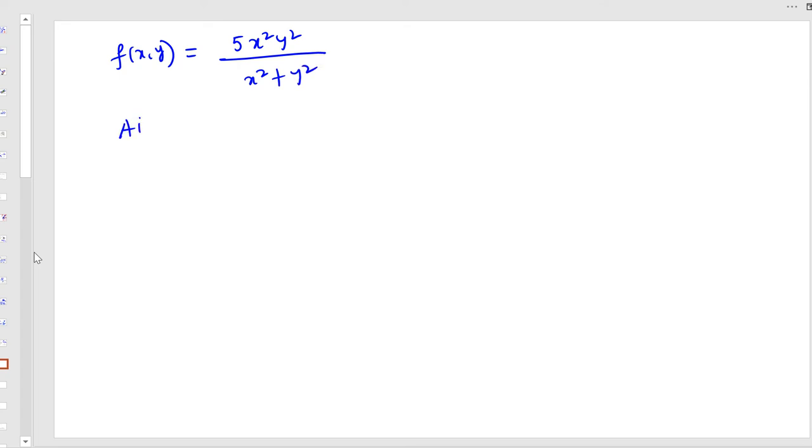Now our aim is to find the limit as x, y goes to 0, 0. So that is f of x, y. Try to find out the limit of this function. So this is our task.